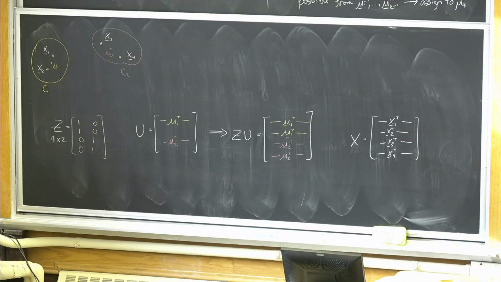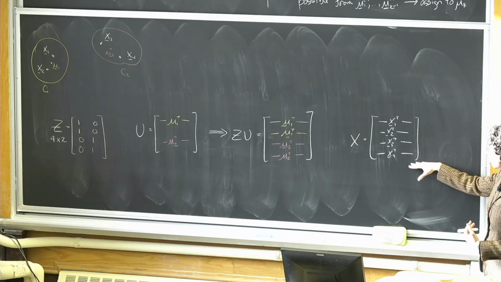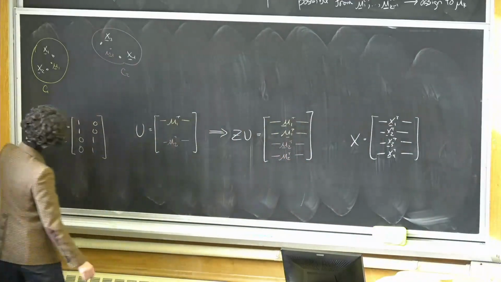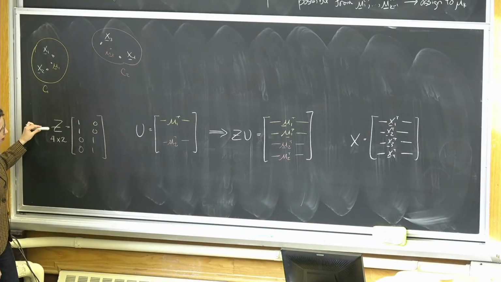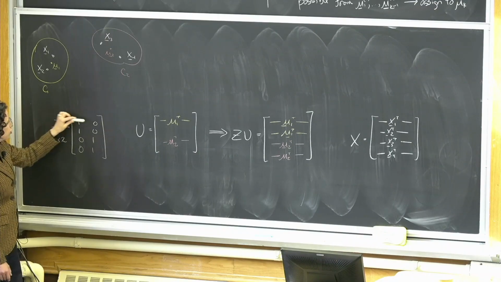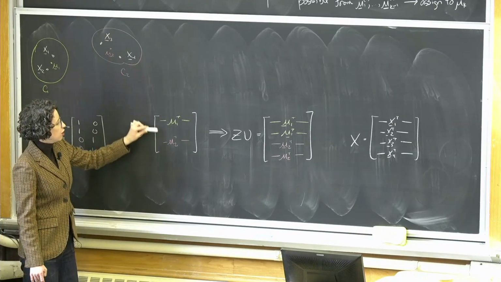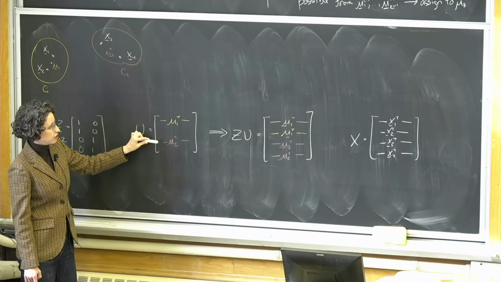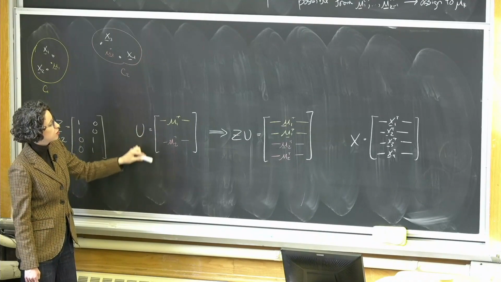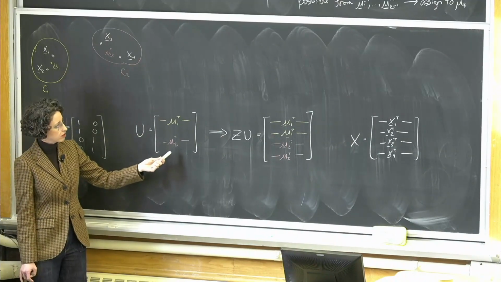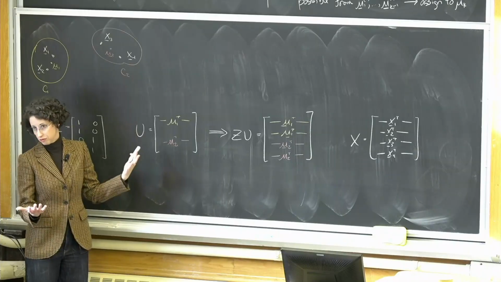So if we're trying to cluster our points, the xi's, we can think about it as trying to find a matrix Z, which tells me for each point which cluster it's in versus not in, and the means of each of these clusters. And if I can search over all cluster assignments and cluster means, then I can cluster my points.